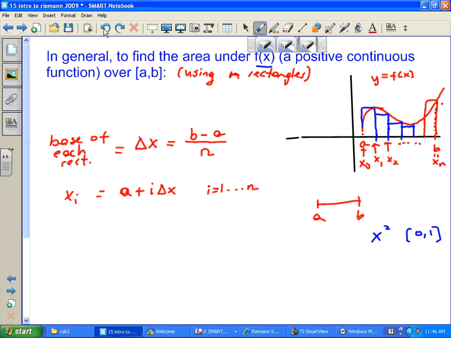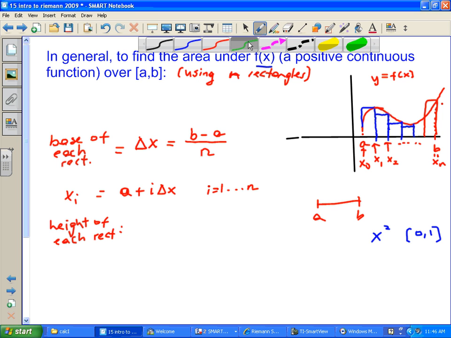Now, to find the height of each rectangle, remember that we had to plug the partition points into the function. So for example, to get the height of the first one, I plug x1, again, we're talking about right-hand sums, x1 into the function, I get a height there, thus I form my rectangle.